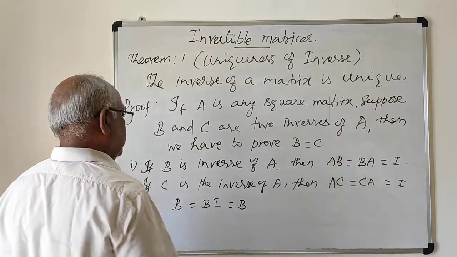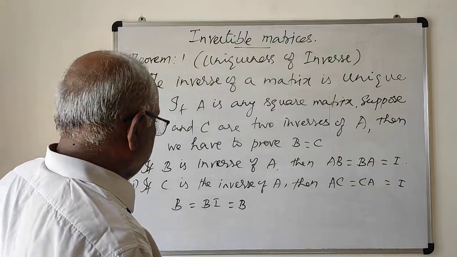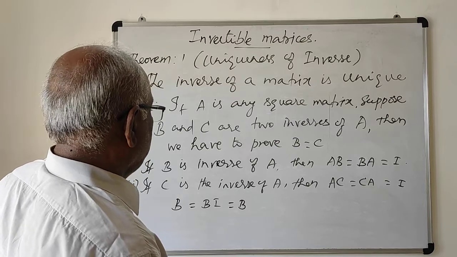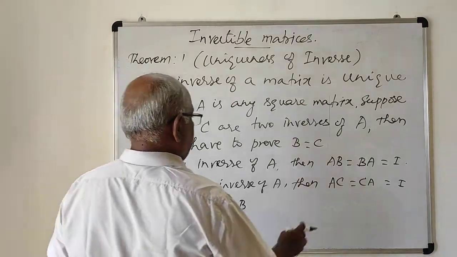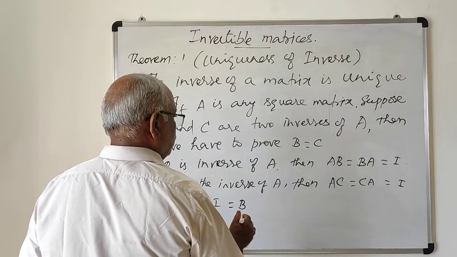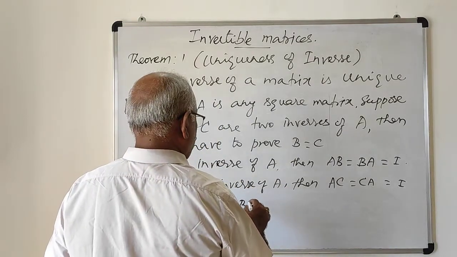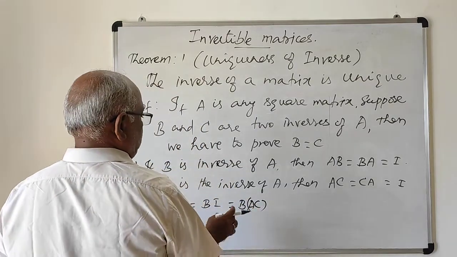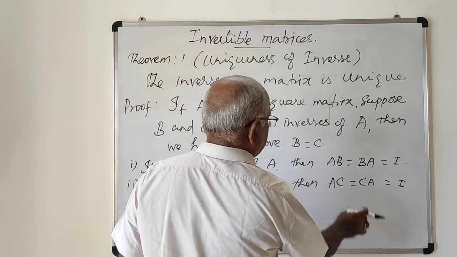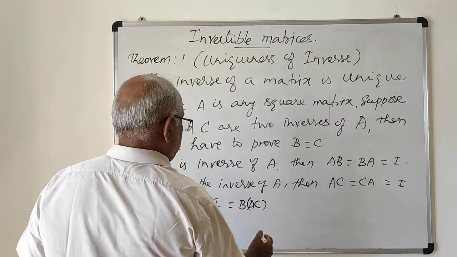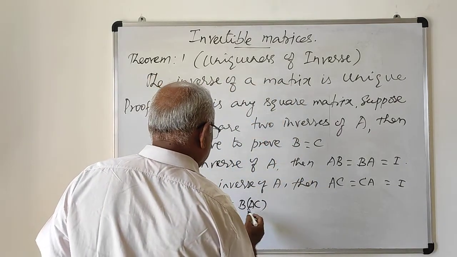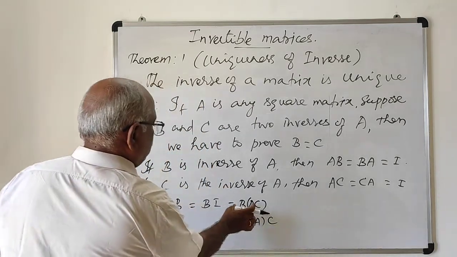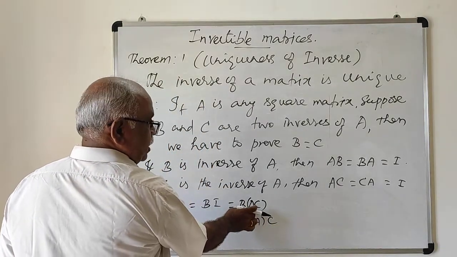I can replace I by AC, because AC equals I. Now I associate it as BA into C, since matrix multiplication is associative.